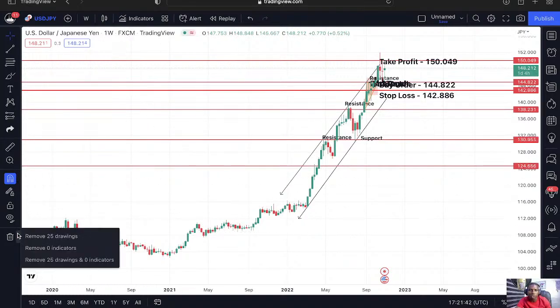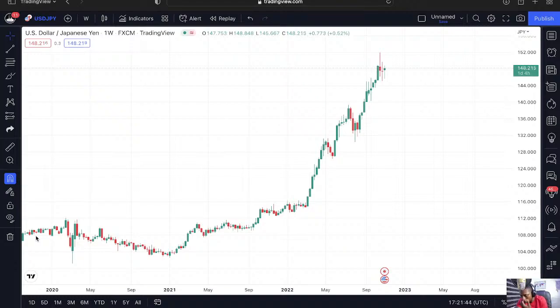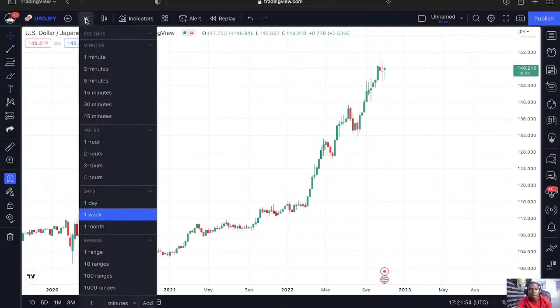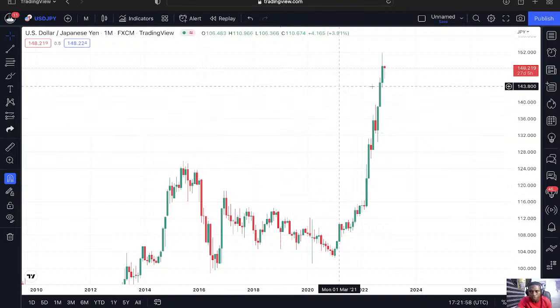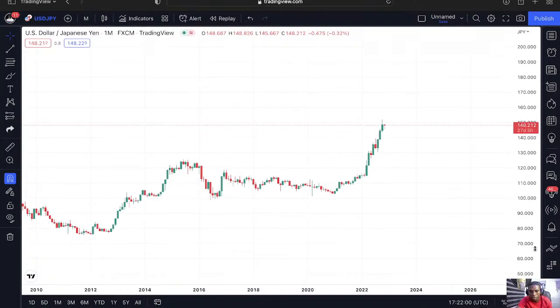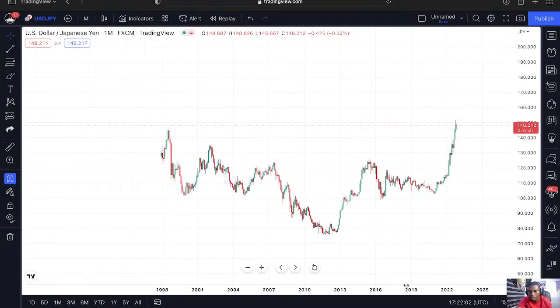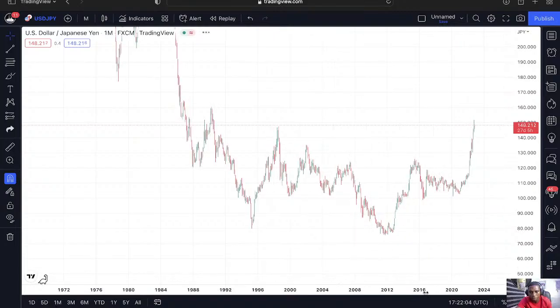Someone asked, sir, does every chart have a trend line? It depends. If the market is in an uptrend, you draw an uptrend line. If it's in a downtrend, you draw a downtrend line.